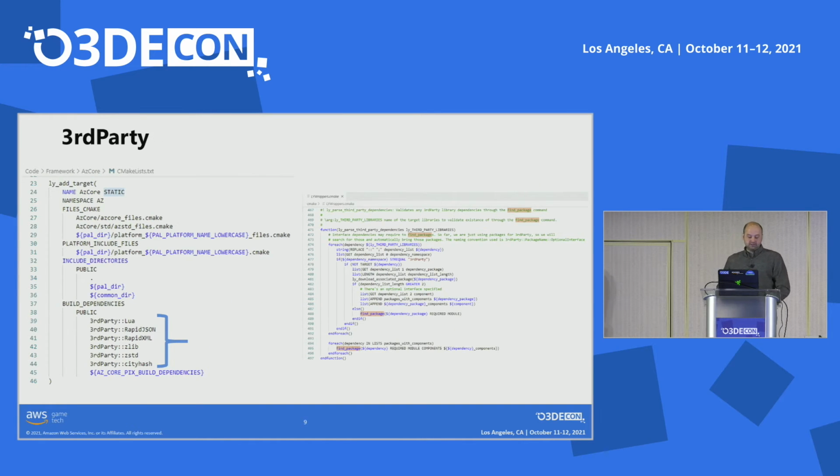It also lets us do some other tricks. Like, for example, we have a third-party system. And what we want to do is when you depend on that third party, we want to go and download a package that contains that third party already built. So this is something that CMake doesn't bring out of the box. And what we are doing is when you pass a target that is named 3rdParty::, you can see here on the right, on line 477, we detect that.